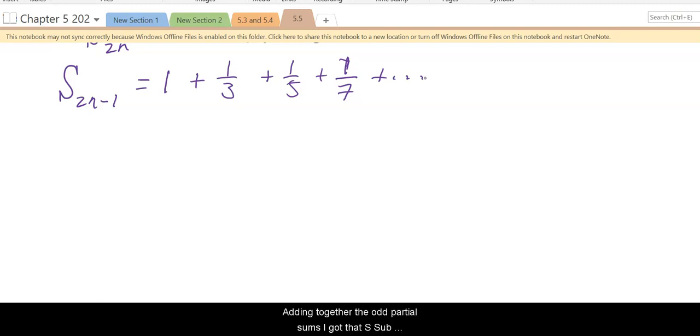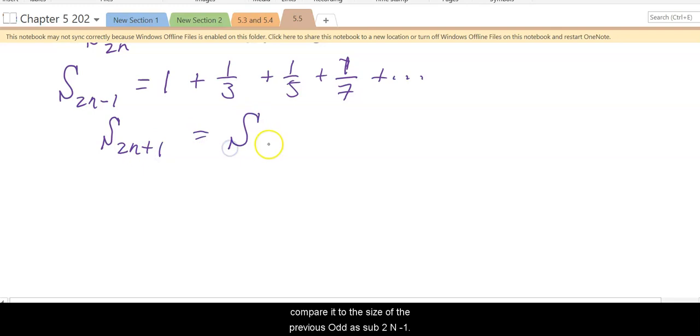Adding together the odd partial sums, I get that S sub 2n minus 1, or in this case, it would probably be easier or better to go beyond it and try S sub 2n plus 1 and compare it to the size of the previous odd S sub 2n minus 1.